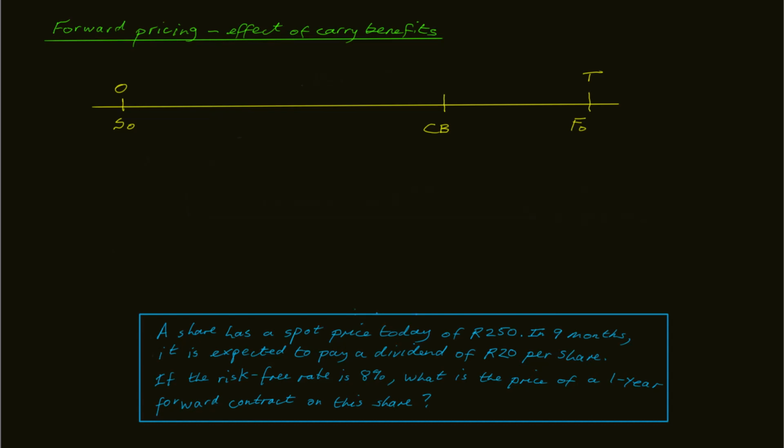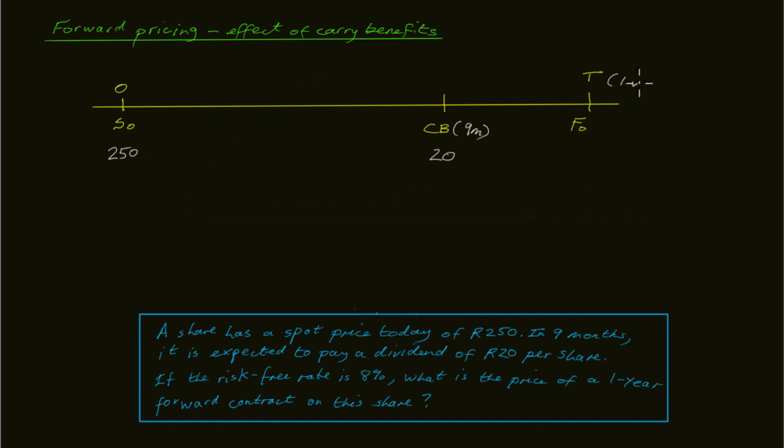Let us enter what we know about the situation provided to us in the blue box. We have a spot price for the share of 250 Rand. 9 months away from today, that share is expected to pay a dividend of 20 Rand.